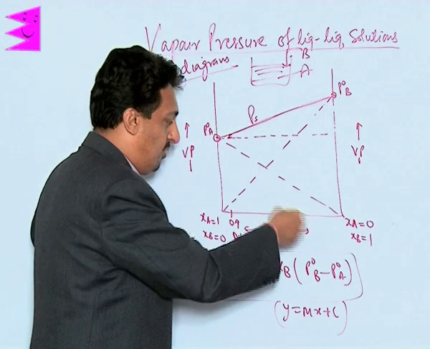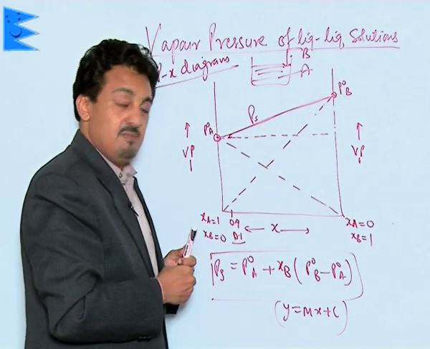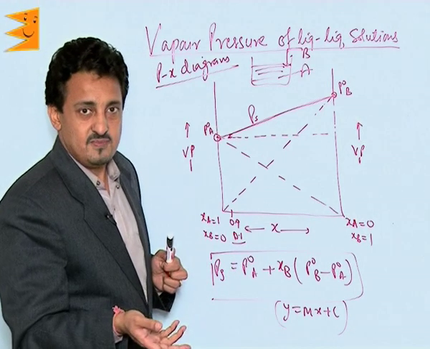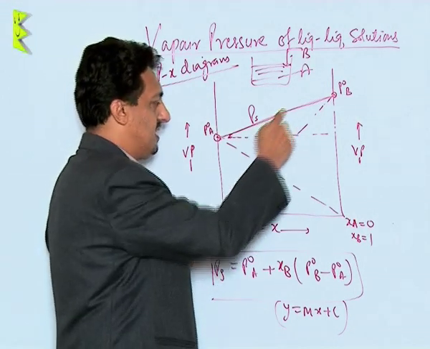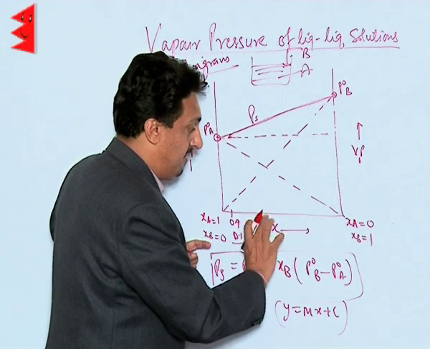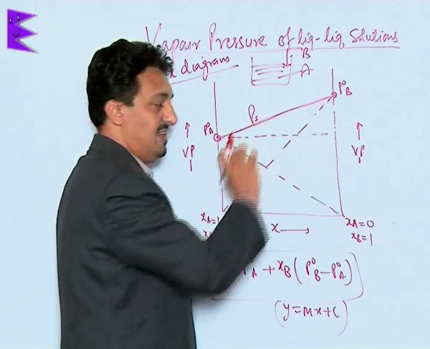You keep on adding more of B, and the vapor pressure keeps on increasing because B has a higher vapor pressure. As the composition of the mixture changes, it becomes more and more rich in B, and the vapor pressure is also increasing.